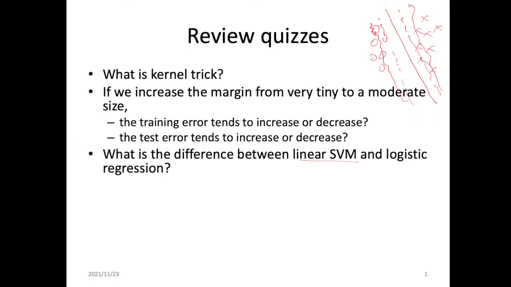So you use the original feature space and you assign the hinge loss. So that's essentially just a different loss function. And for logistic regression, the loss function is simply the logistic loss. Okay, so they are quite similar.